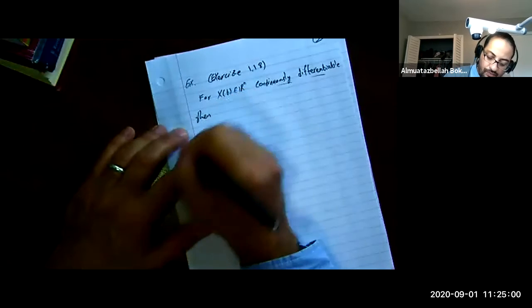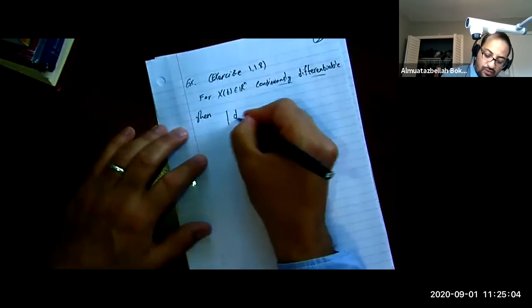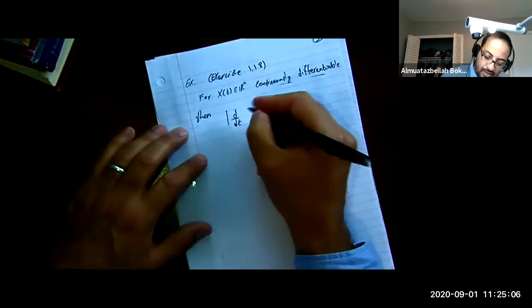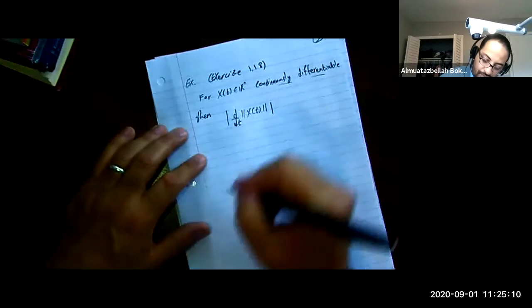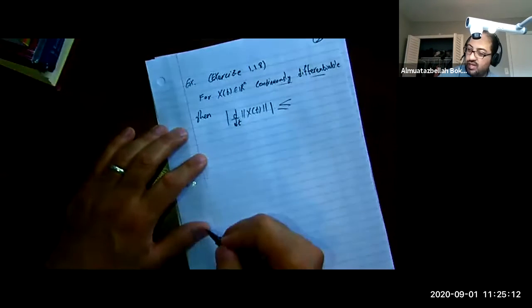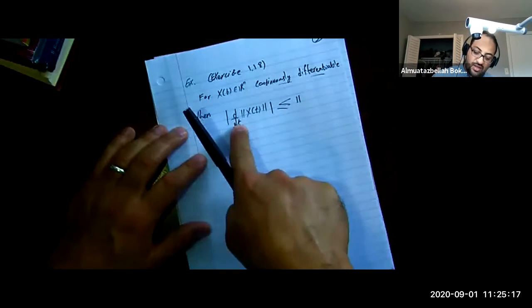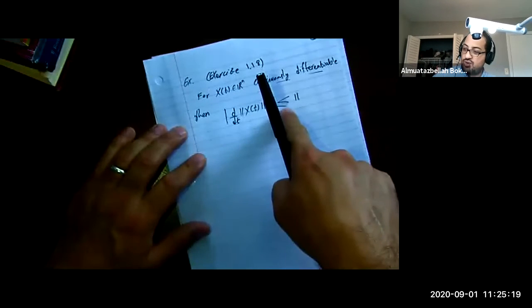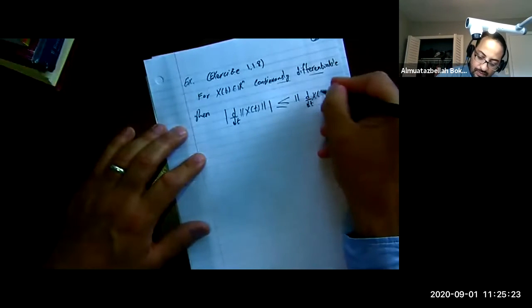Then the magnitude of d over dt of the norm of x of t is less than or equal to the norm of the derivative. So the magnitude of the derivative of the norm is less than or equal to the norm of the derivative x of t.